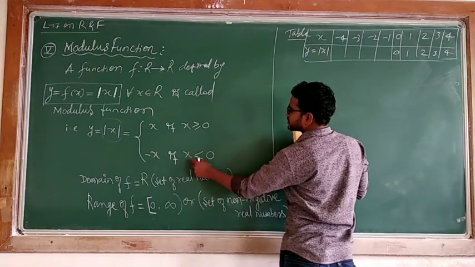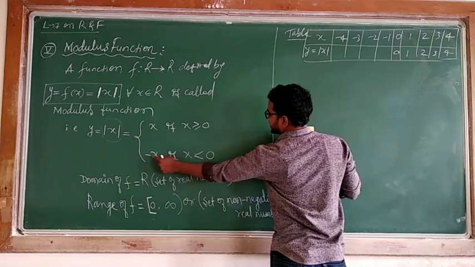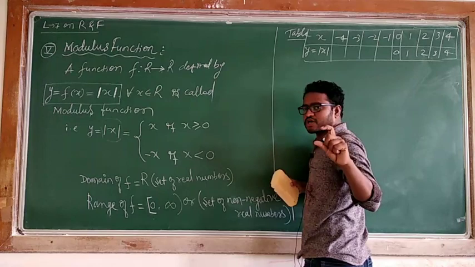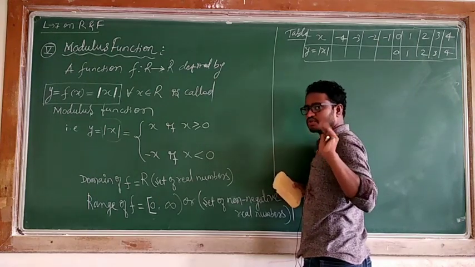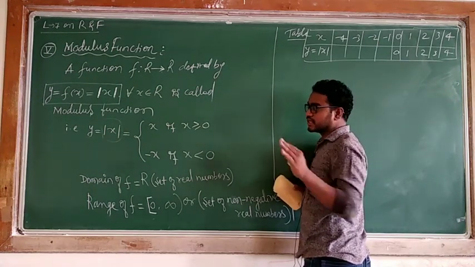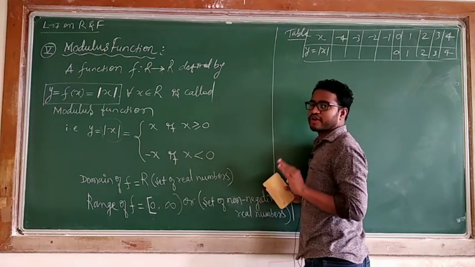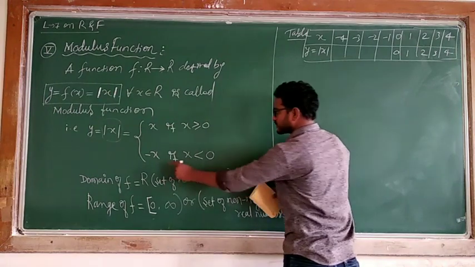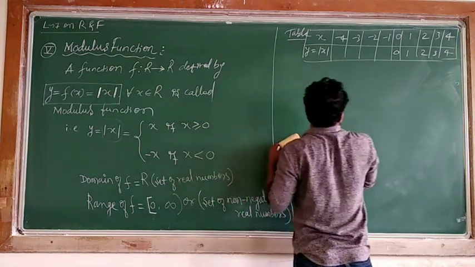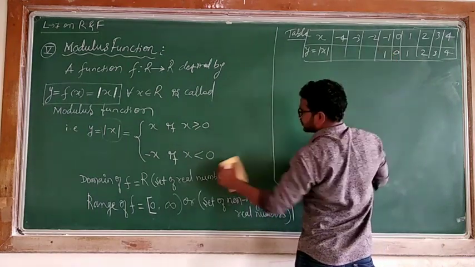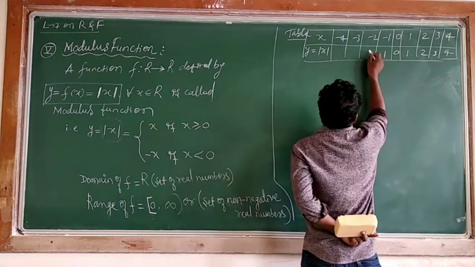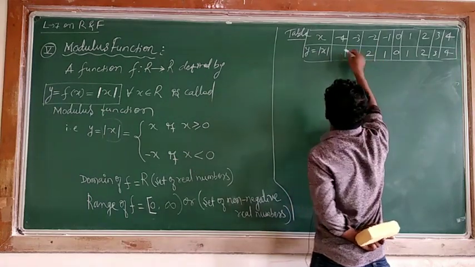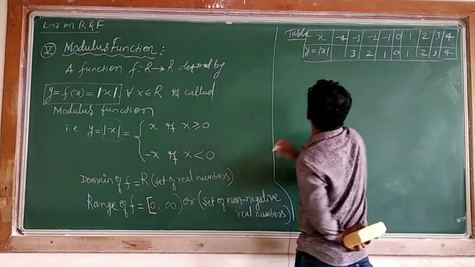X is less than 0, minus 1, here minus of the minus 1 is plus 1. Modulus of x means whenever negative comes, you make it positive. If it is positive, you keep it positive. It is always a positive value. Minus 1 gives plus 1, minus 2 gives plus 2, minus 3 gives plus 3, minus 4 gives plus 4.